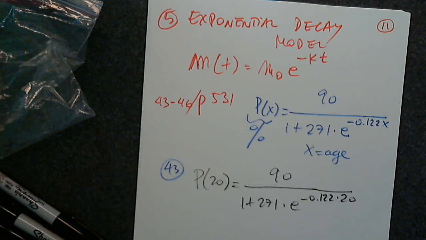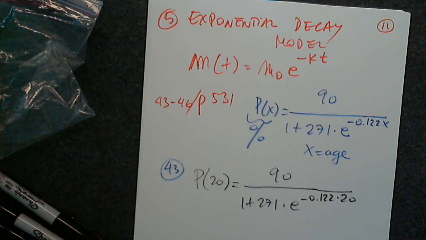Here it is. 90 divided by, in parentheses, 1 plus 271 times e raised to the power, in parentheses, careful, negative 0.122 times 20.